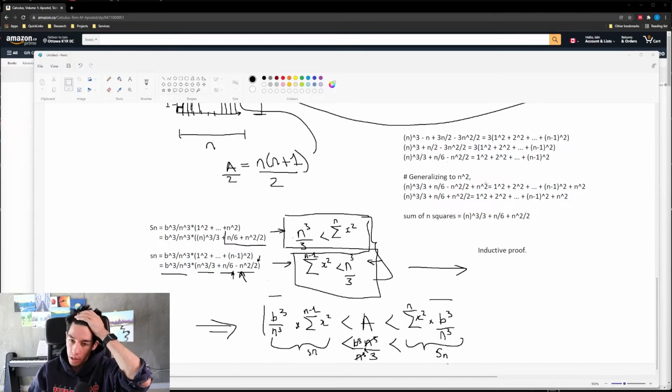I don't fully understand inductive proofs, but you can use an inductive proof to show this inequality is true. The way I would best describe inductive proofs is that there's this inductive process, a thing that induces something else.